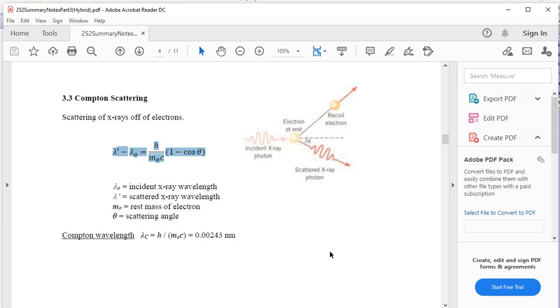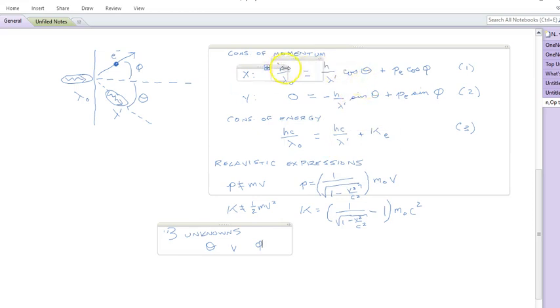So lambda prime minus lambda naught, that's the Compton shift, is this collection of constants, h over m naught c. And you can see where these come from, right? If we go back to the notebook, you can see where the h and the m naught and the c are coming from. They're coming from photon momentum and the relativistic expressions for momentum and kinetic energy.